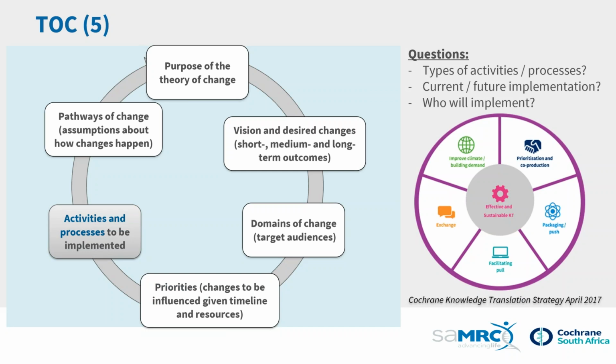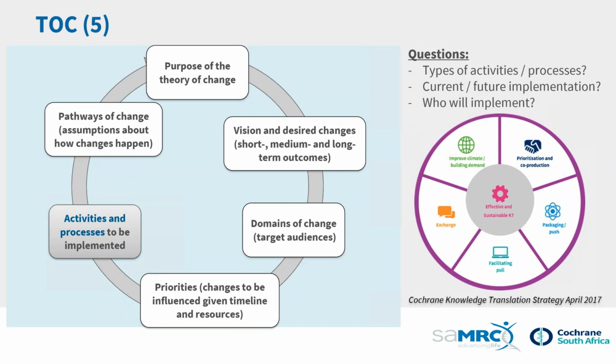And then the fifth step is about deciding what KT activities, processes, and outputs we want to implement. So there are different types of KT activities, processes, and outputs. We'll decide on whether we will be focusing on engaging KT audiences for conceptualizing our research project, or whether we will be focusing on dissemination products, for example, producing policy briefs, infographics, newsletters.